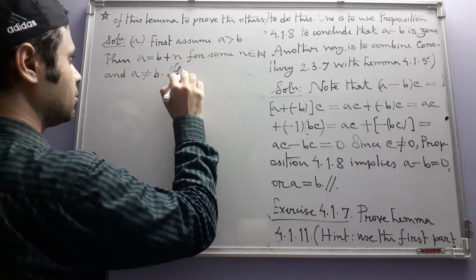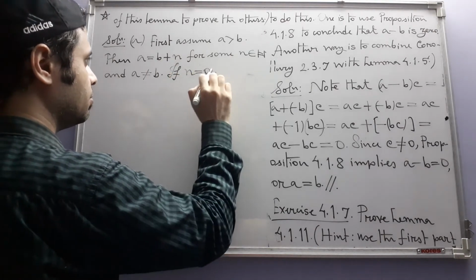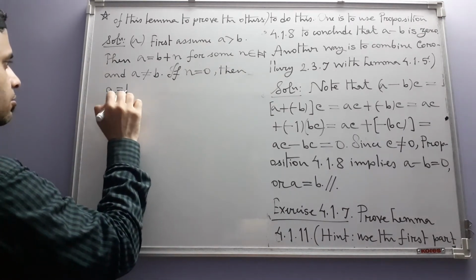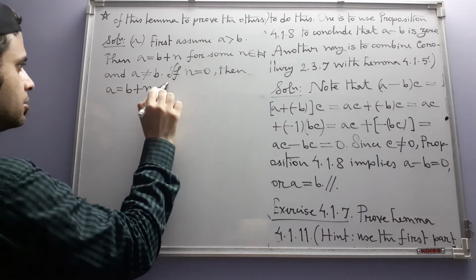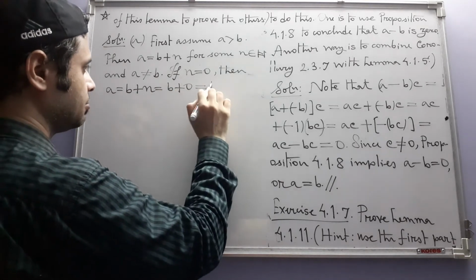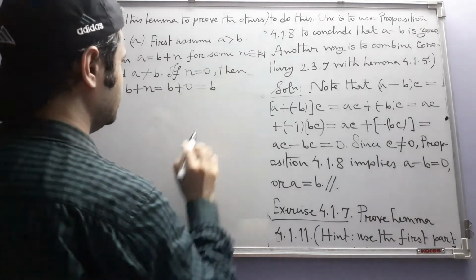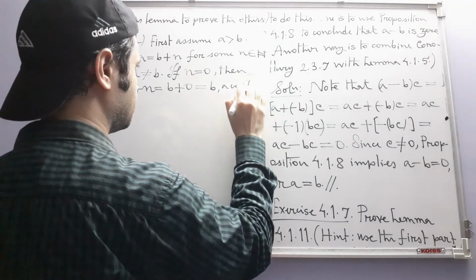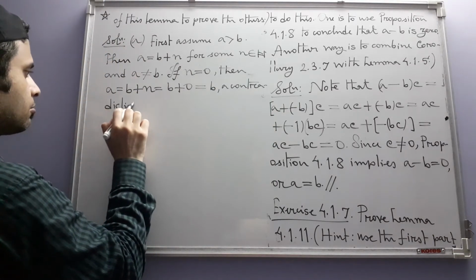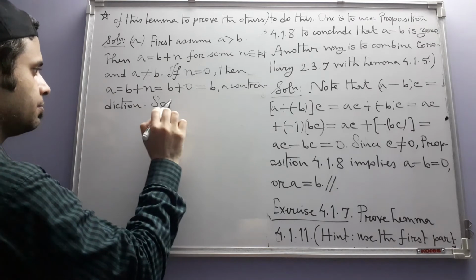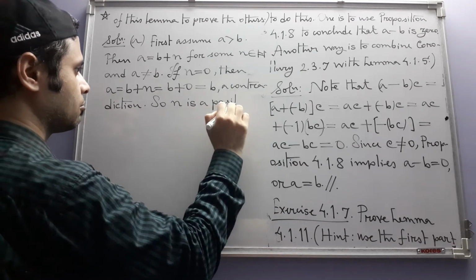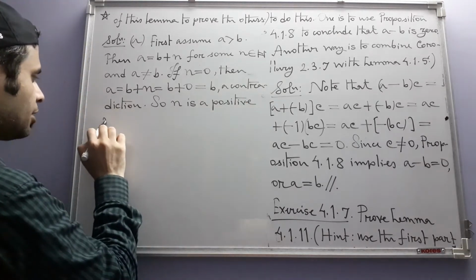If n is equal to 0, then a is equal to b plus n, which is b plus 0, which by the law of algebra is equal to b, a contradiction. So n is a positive natural number.